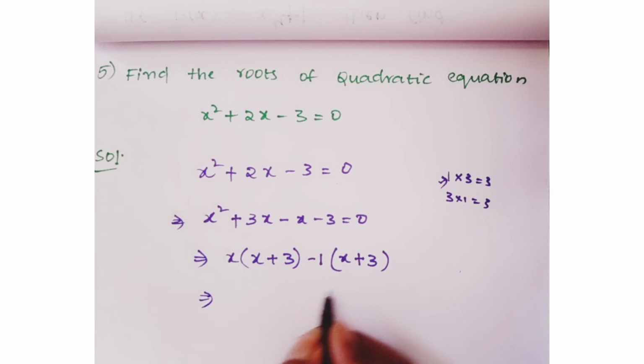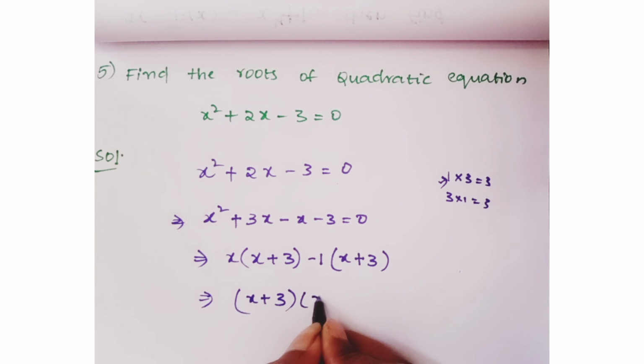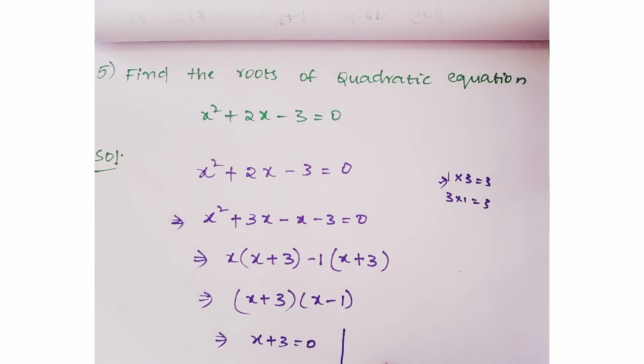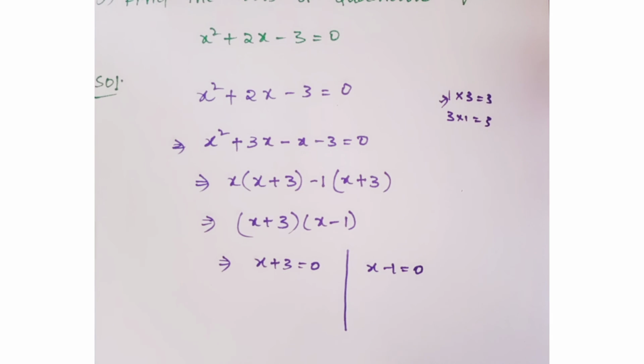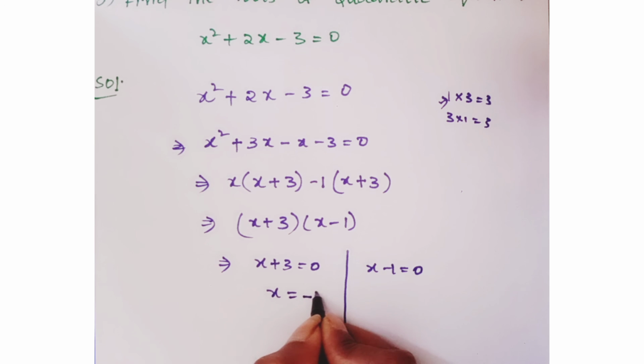So this is the one. Now among these, x plus 3 is common. So when I take x plus 3 as common, the other side is x minus 1. So this is the equation I got. Now from this, how to find the roots? Now x plus 3 equals 0, and x minus 1 equal to 0. Now here x equal to plus 3, when it comes to the other side, it becomes minus 3.